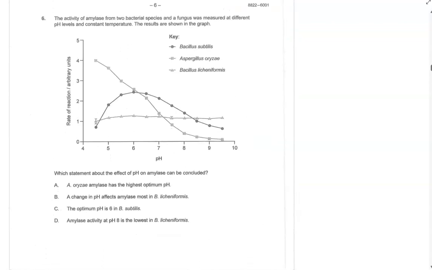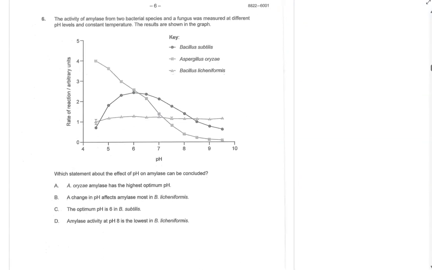So then question 6, excuse me, sorry, activity of amylase. So what statement on the effect of pH on amylase can be concluded? So A. oryzae has the highest optimum pH, so that's the squares. So that's got the optimum pH there. So that's actually the lowest.